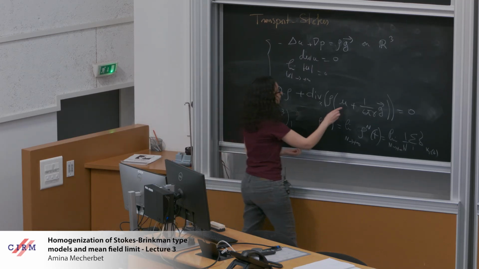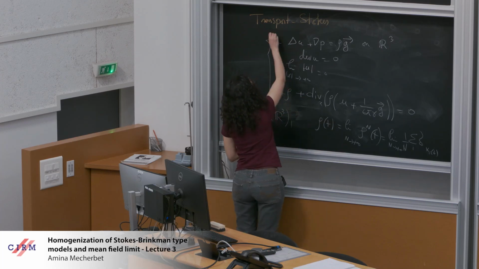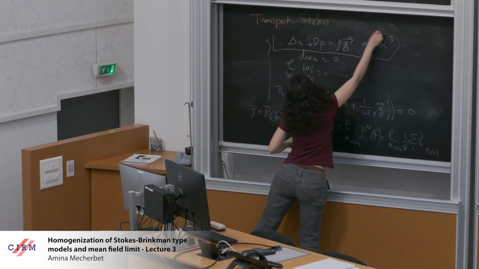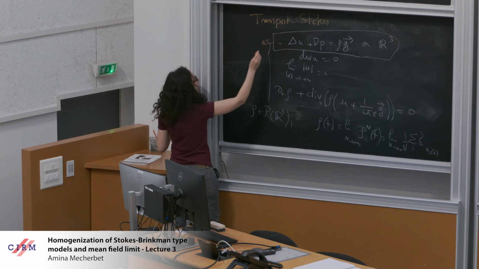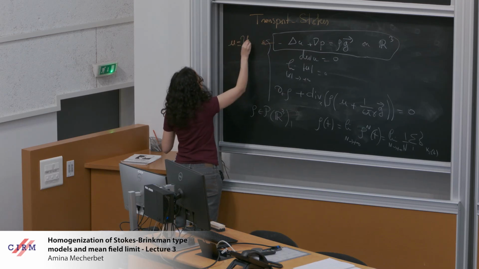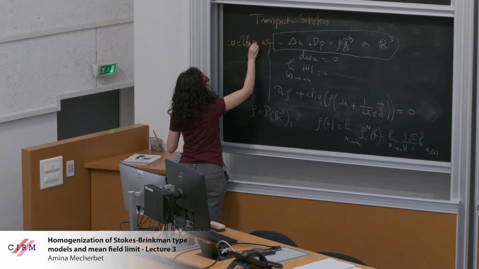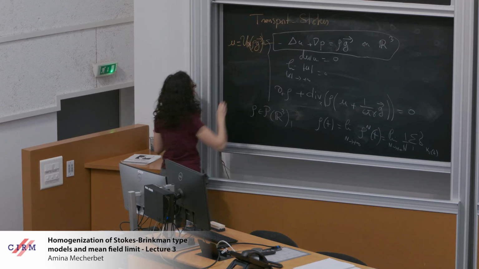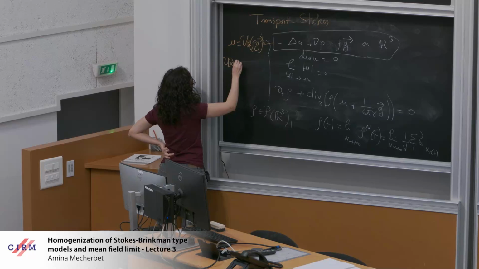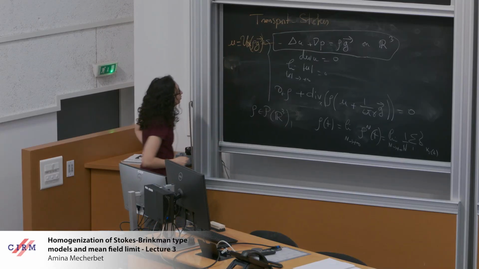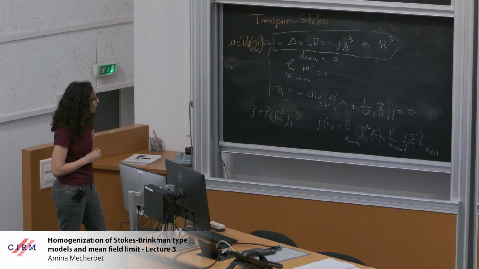So let me write this. I mean, this u, using the weak formulation, using the fundamental solution of the Stokes equation, you can write this using the Green function. And it is given explicitly. Well, I will write down its formula later. Anyway, we will need it.